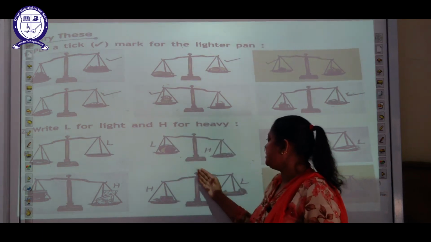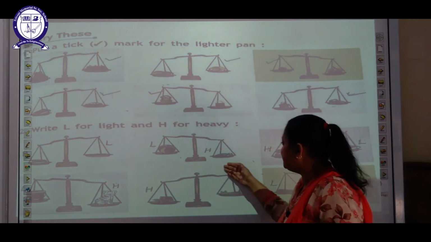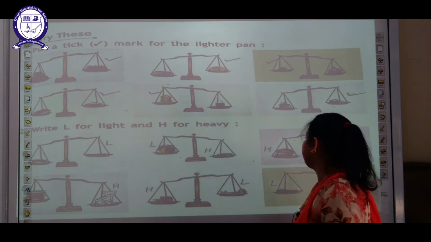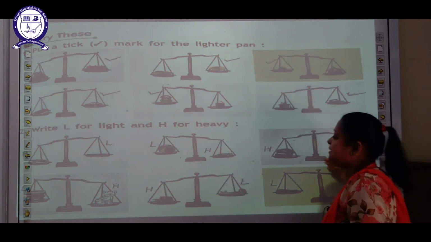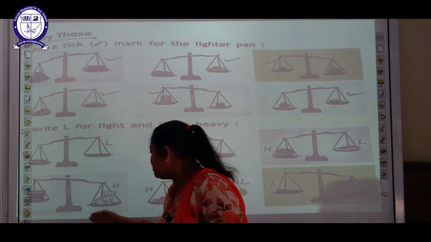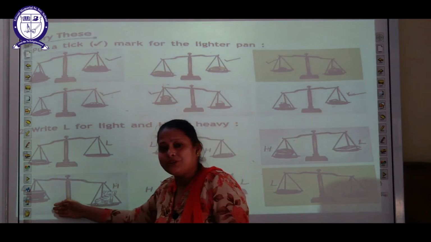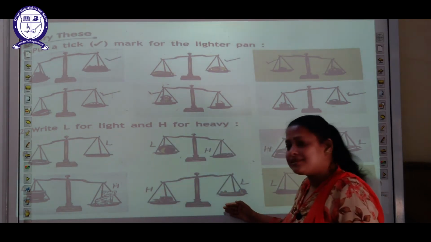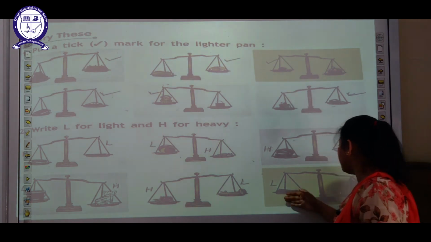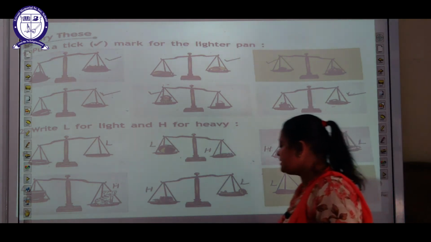In this, students, the ball is light and this shows it is heavy. This shows, students, heavy. This pan shows light. This shows heavy. It shows light. This shows heavy. This shows light, and this pan shows light. This pan shows heavy.